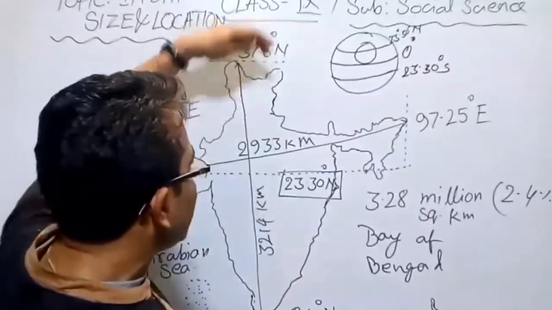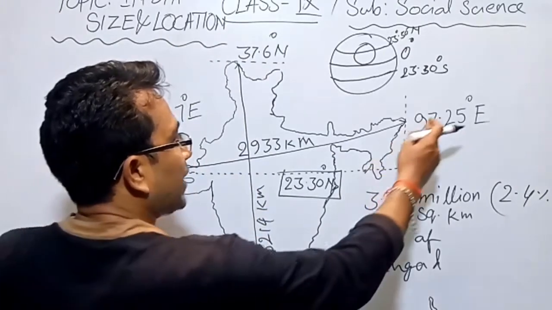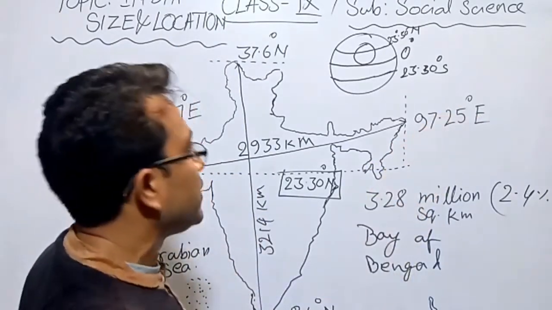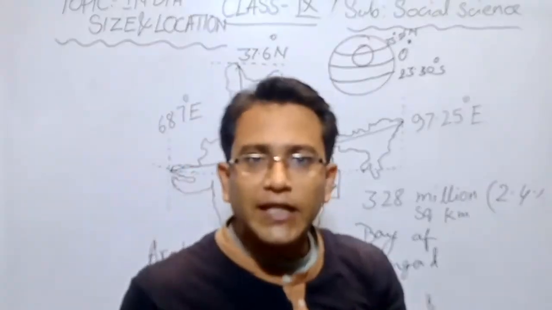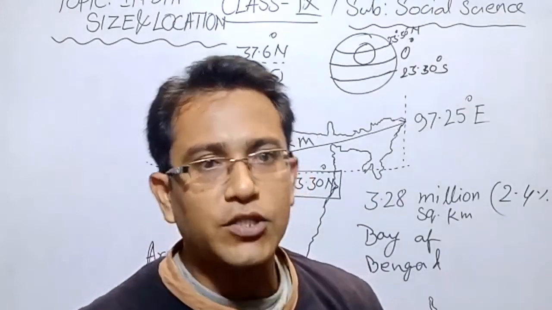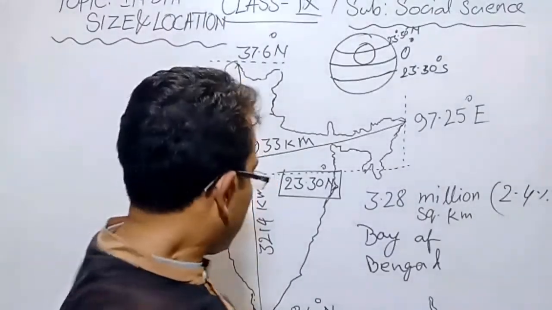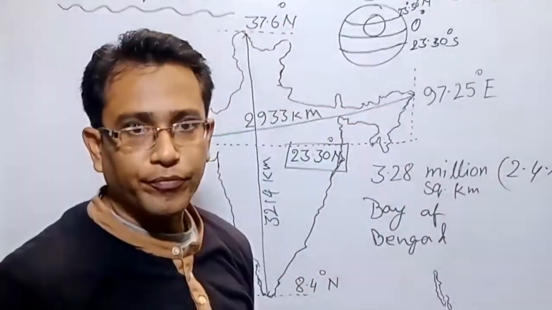That is the extension of our country. The extension from the eastern side to the western side is around 30 degrees.